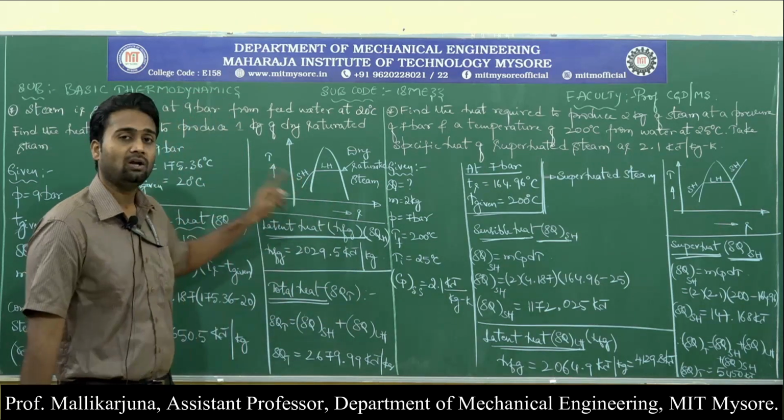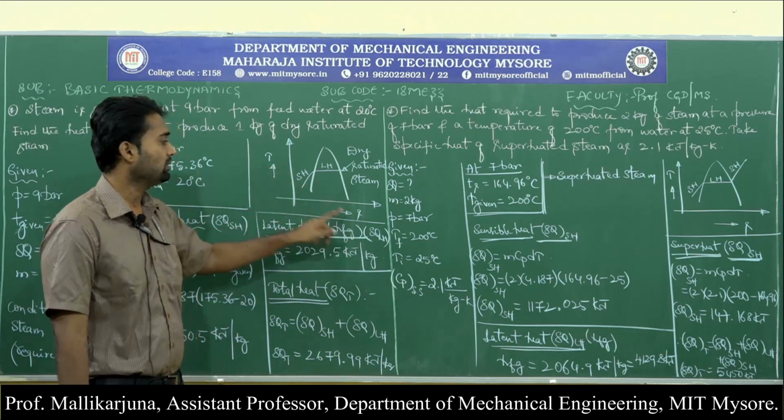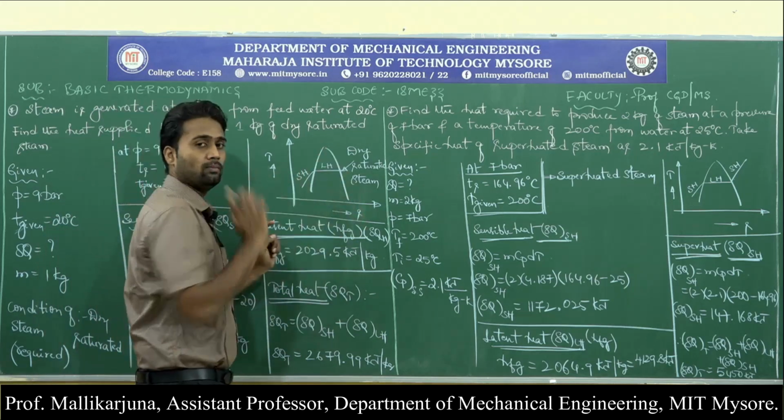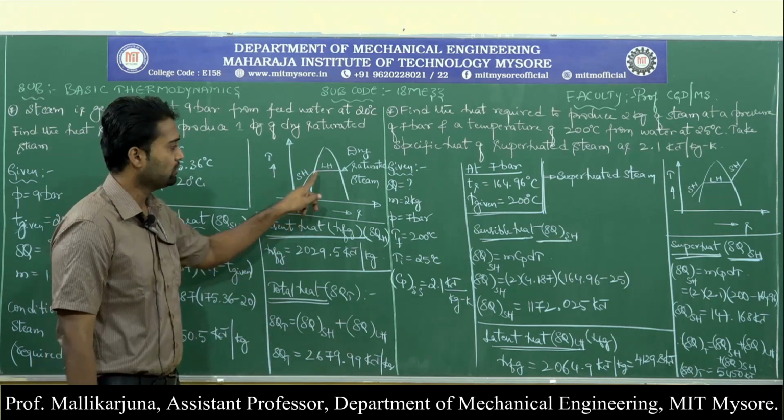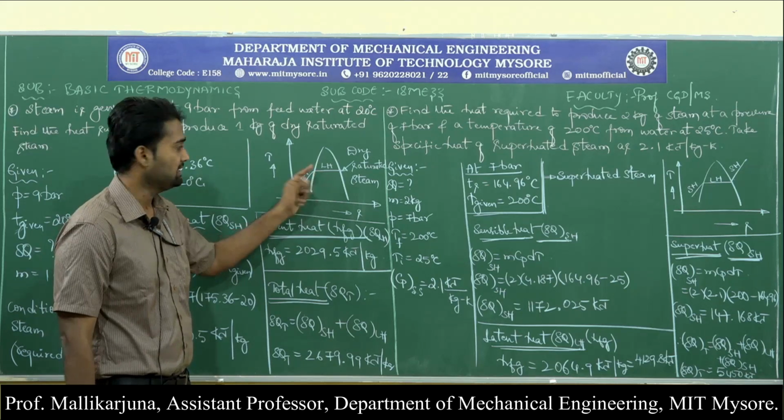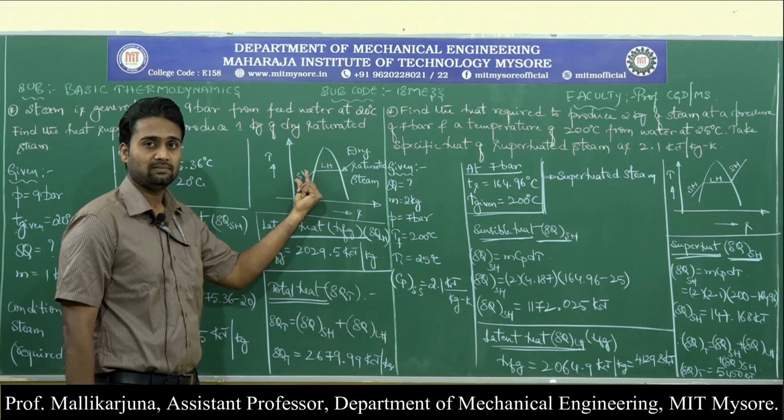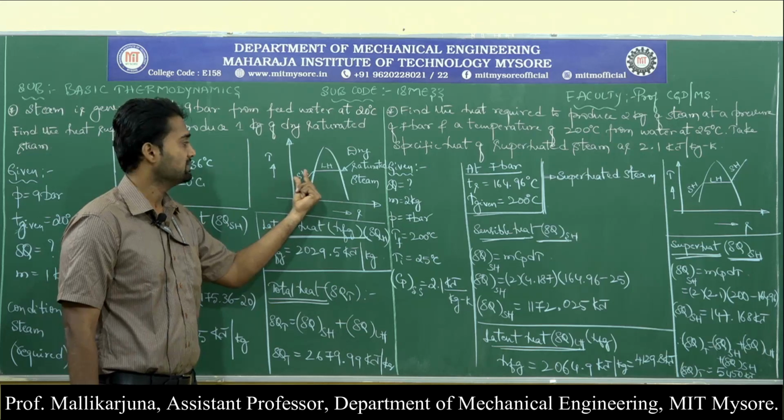That is what I have written on the T-S plot. If you look at the T-S plot, I have drawn a dome. From any temperature to its saturation temperature is nothing but sensible heat. I hope this is very clear to you.